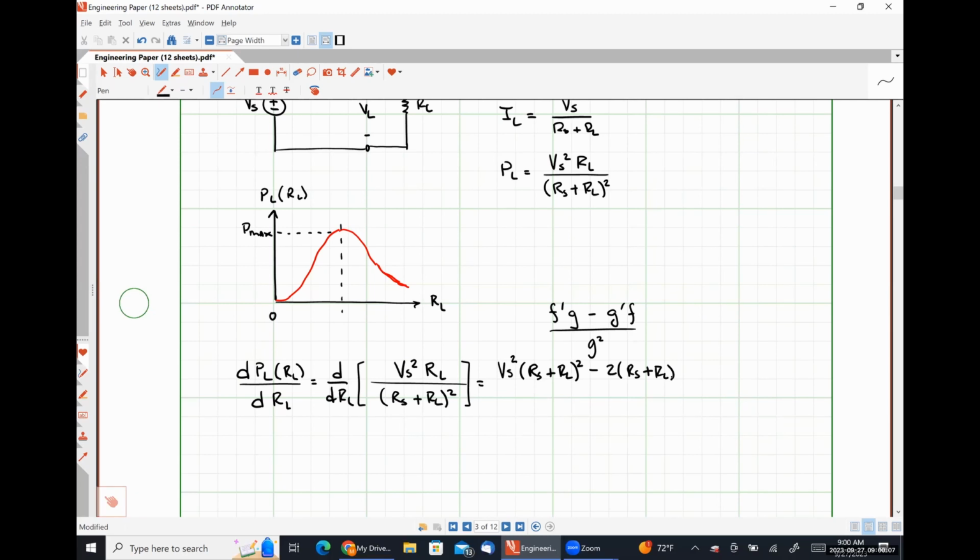Times 1 because of the chain rule, right? Yeah. Times the numerator, which is going to look like Vs squared RL. And then all of this is going to be over Rs plus RL to the 4th power, right?